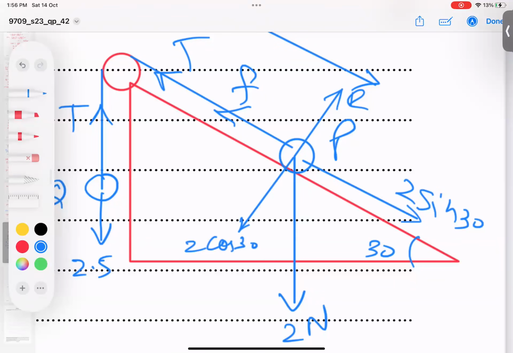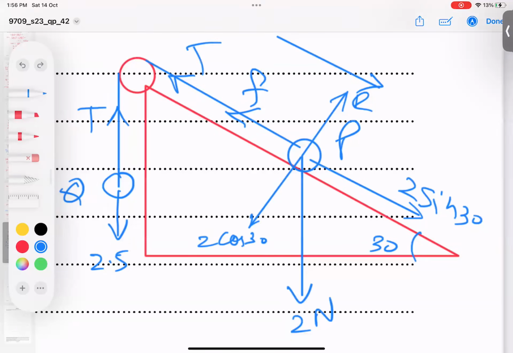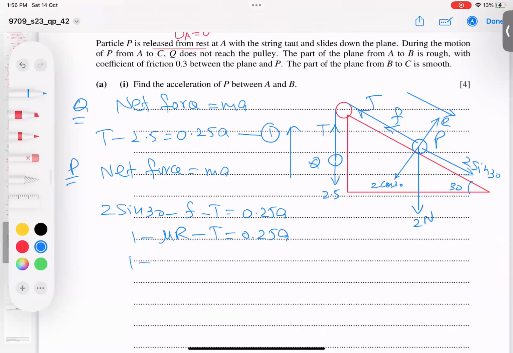Cos 30 is root 3 by 2, and the 2 cancels, I got root 3. So I can write it now here: mu is 0.3 and into root 3. Because the answer is coming root 3 only. Cos 30, root 3 by 2 actually. Anyway, I think we are close enough to solve it.